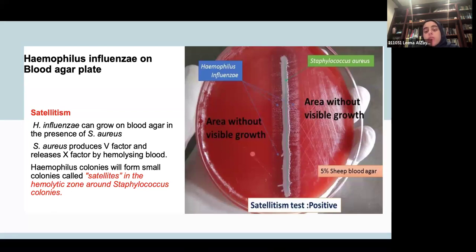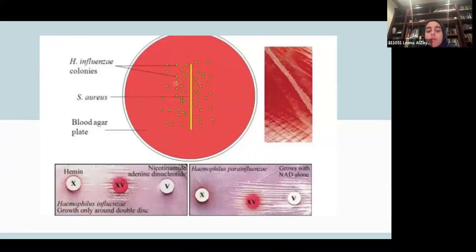So Haemophilus would be a positive growth area, would grow clearly. As we can see, Haemophilus will grow next to Staph aureus because it will break down RBCs, and when it breaks down RBCs, it will release the required elements for H influenzae to grow.